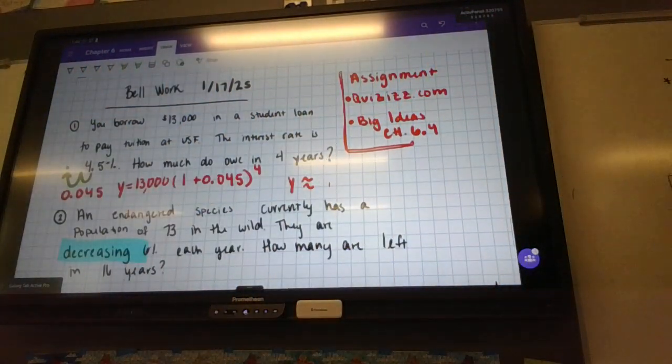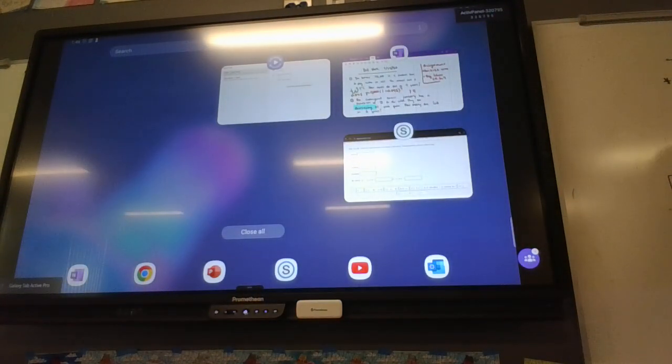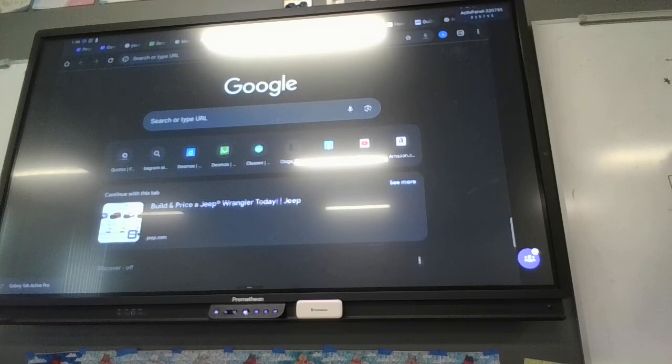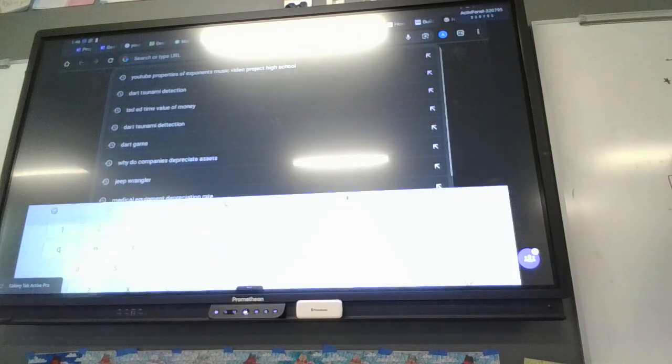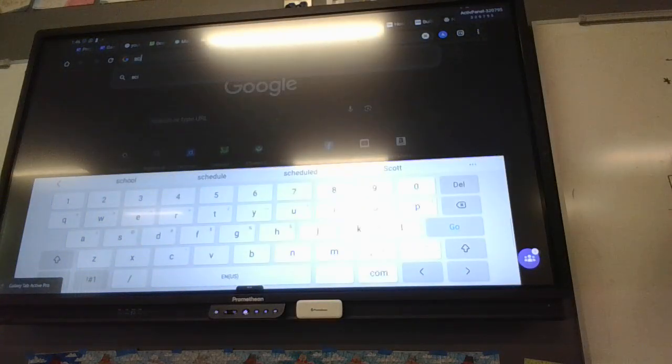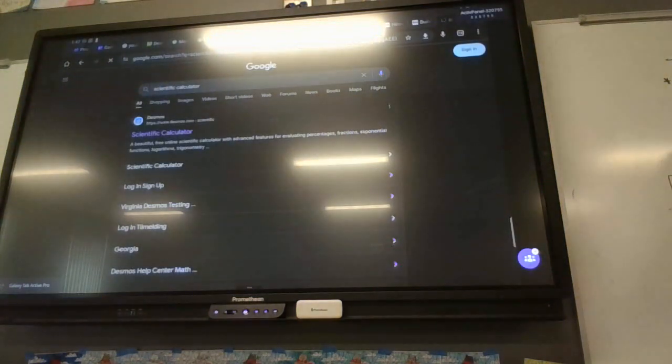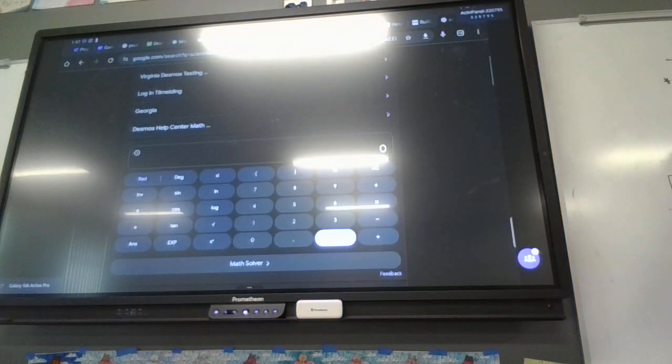Okay. All right, I'm actually going to go to the calculator. Who's using the Google calculator online? Who's using the Desmos calculator online? All right, I'll do Google. That's Desmos. So is this the Google one?